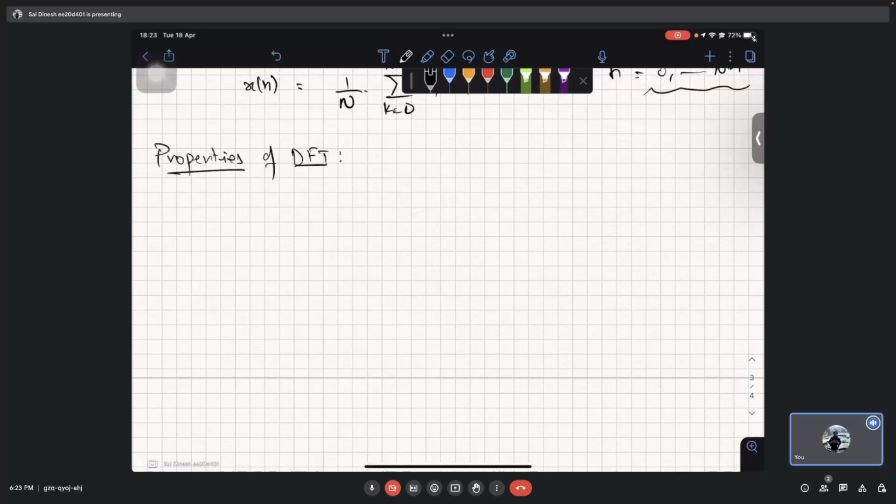Let's say x of n has x of k, and x of n on this side has N times x of the reversed k on the other side, and this is duality.